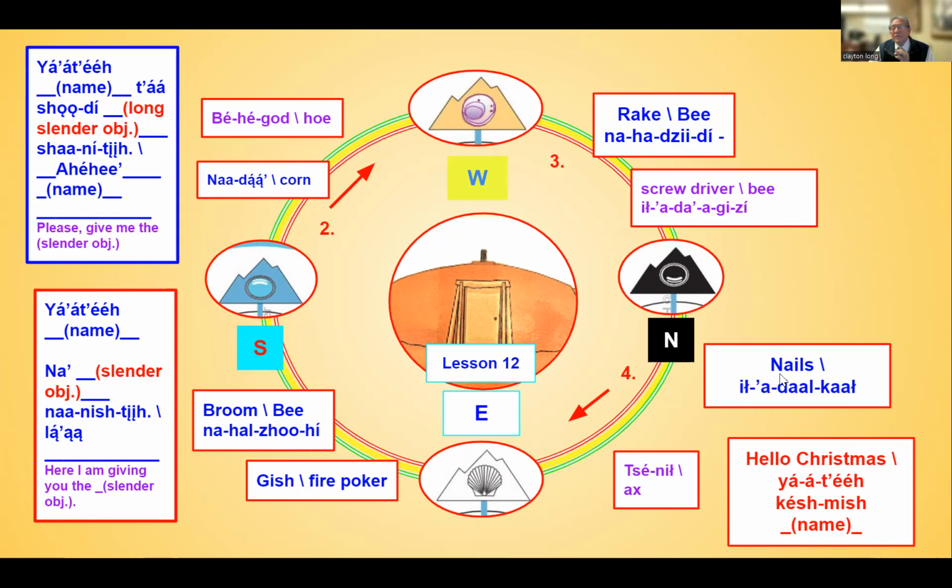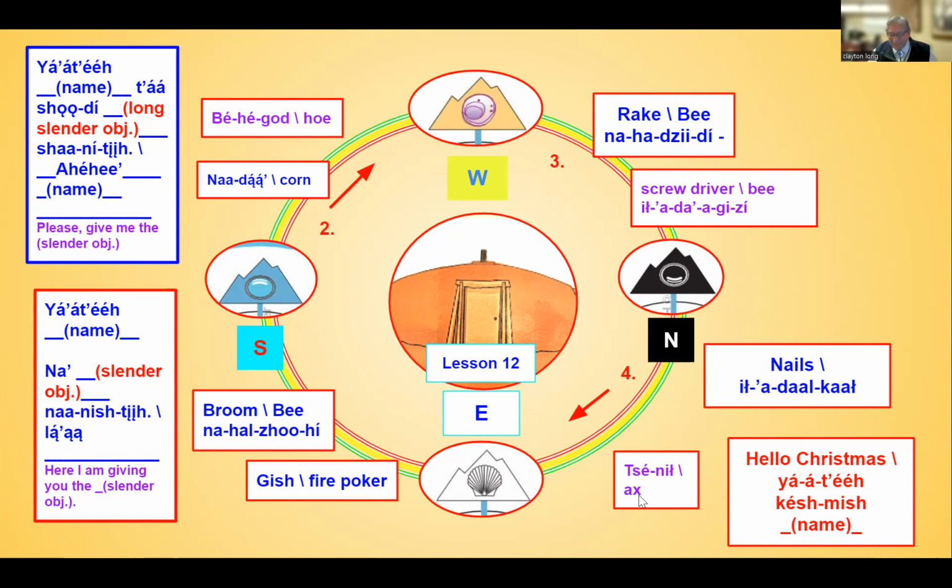The nail right here, ish. Notice how the screwdriver has an ish. So it's describing something. Ish adal khas. The one that you pound in, there's a nail. Ish adal khas. And the last one, sehnish, the axe that's long and slender.